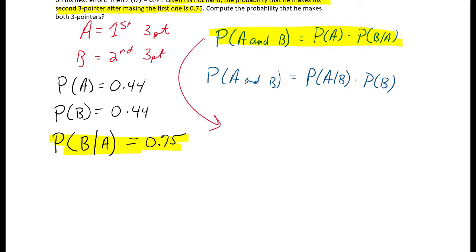So what does that mean? Let's bring that on down here. The probability of A and B, the probability he makes both 3-pointers, will be the probability of A, which we know is 0.44, times the probability of B given A, which is the 0.75. Let's go to our calculator.